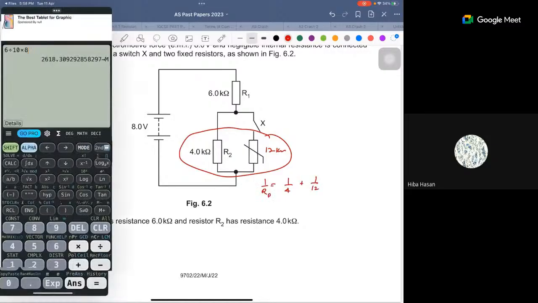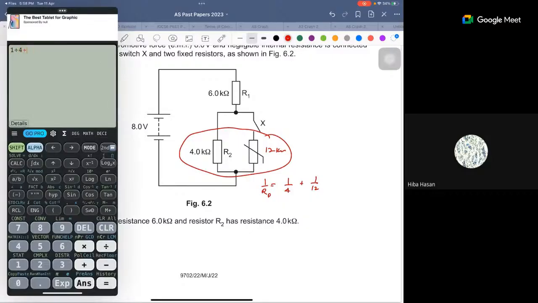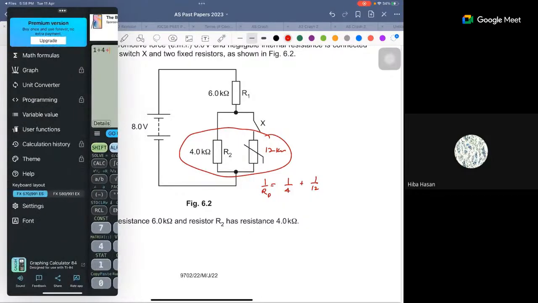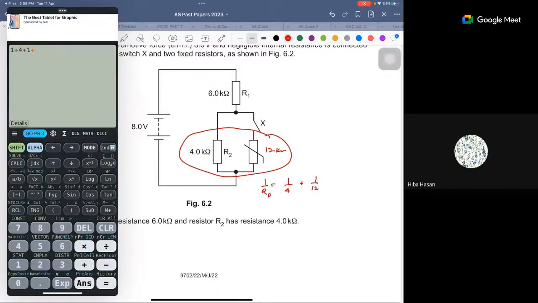So just use your calculator. 1 divided by 12, and then you take the reciprocal, 1 divided by the answer. So R in parallel would be 3 kilo ohms. All of this is 3 kilo ohms added in series. So total resistance will be equal to 3 plus 6, 9 kilo ohms.